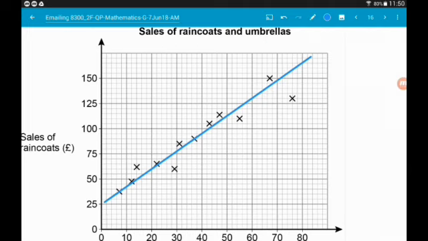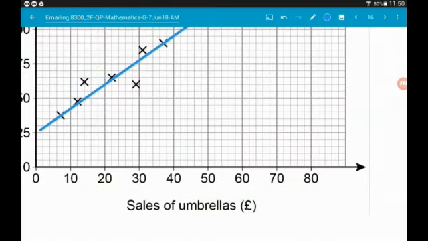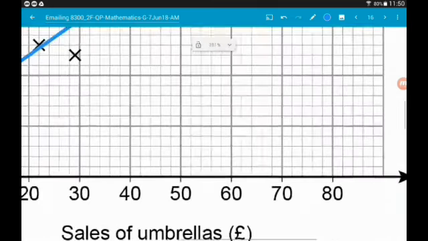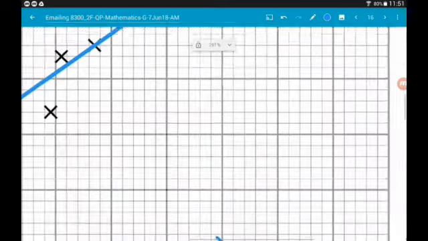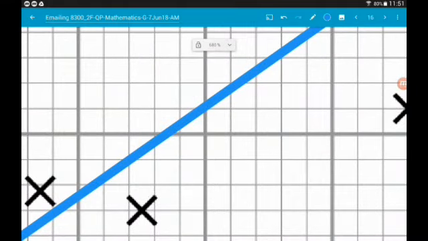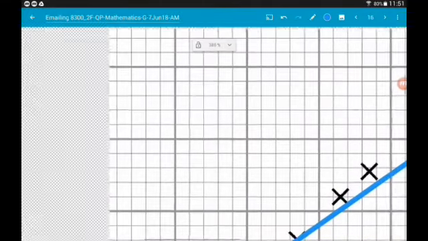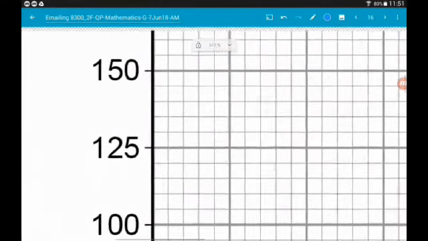The point of drawing a line of best fit is that we can now find our £60 for our sales of umbrellas, which is here. We go up until we hit our line of best fit, which is here, and then we go across to our raincoat sales. It's going to take us to about there.